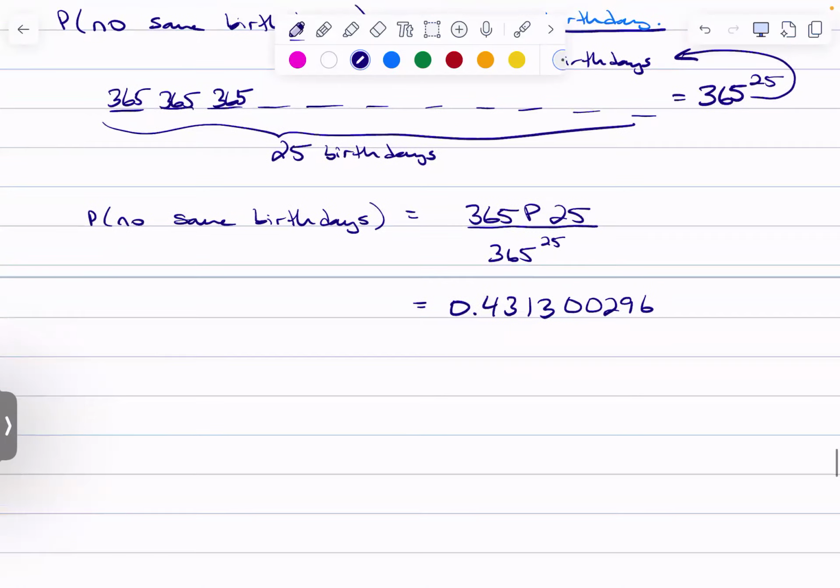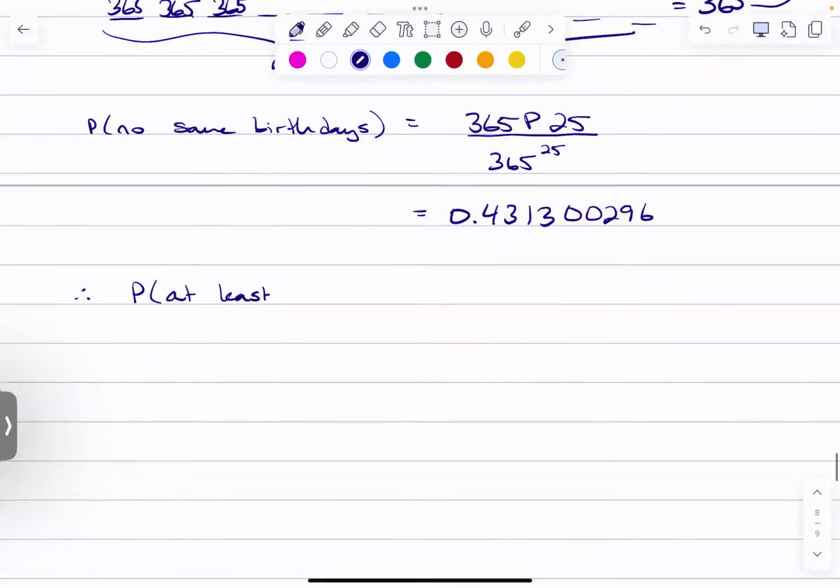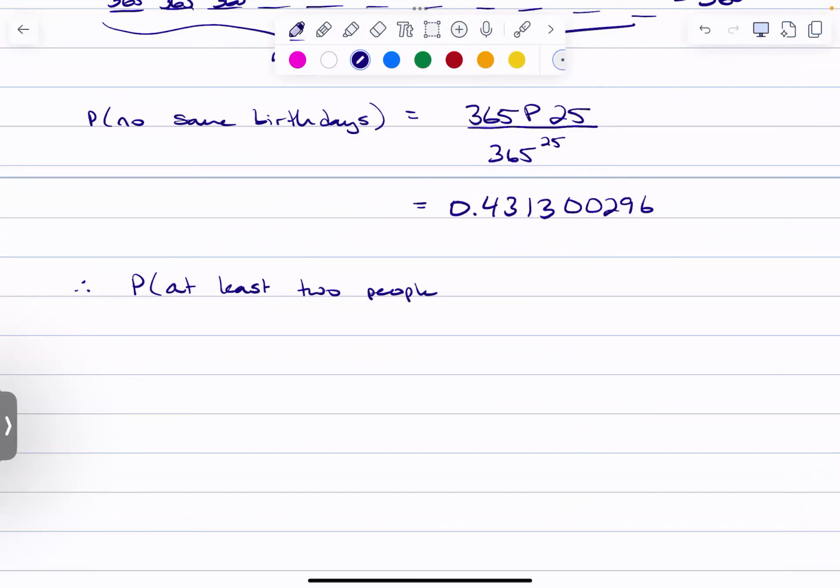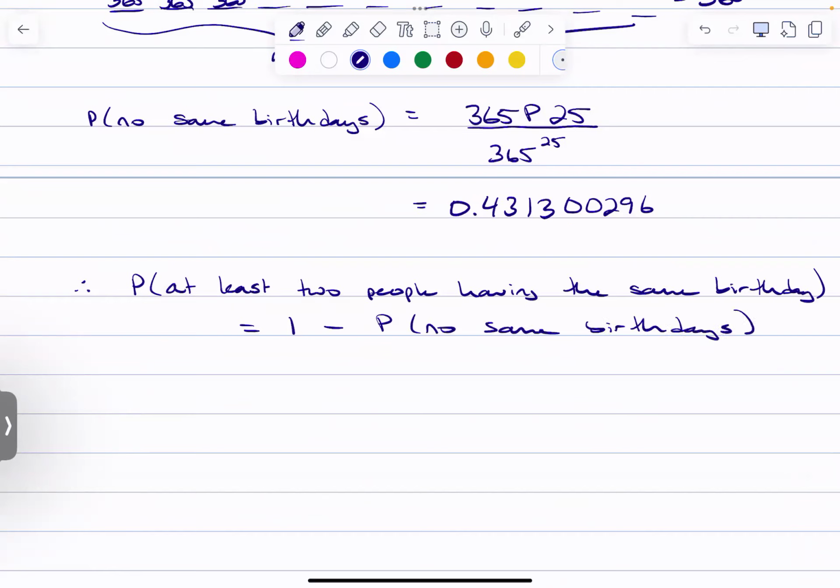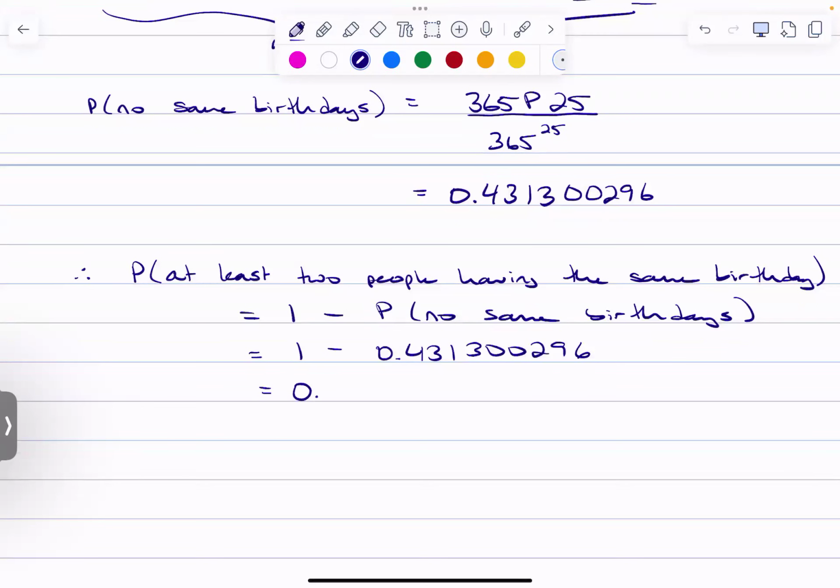Therefore, the probability of at least 2 people having the same birthday is 1 minus the probability of no same birthdays. The key is to figure out how many ways I can have none of the same birthdays. So 1 minus 0.431300296, and the probability of at least 2 people having the same birthday is 0.568699704.